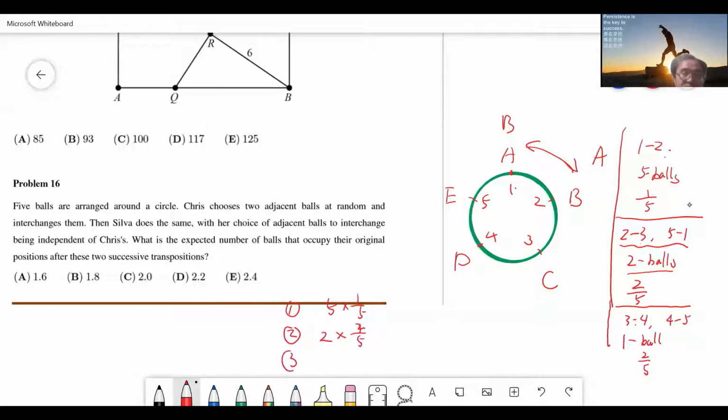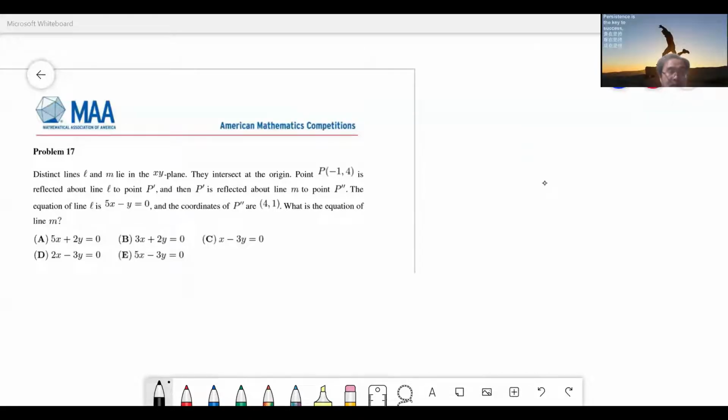The third case gives a contribution of 1 times 2/5. Add them together, we have 11/5, which equals 2.2. So the answer is D.